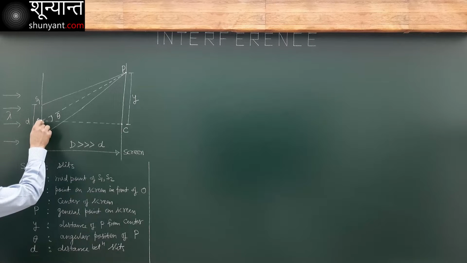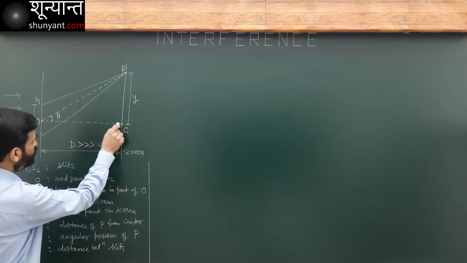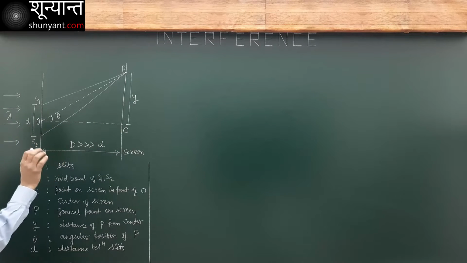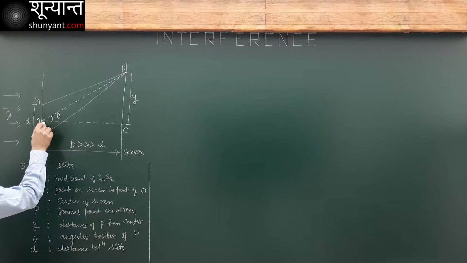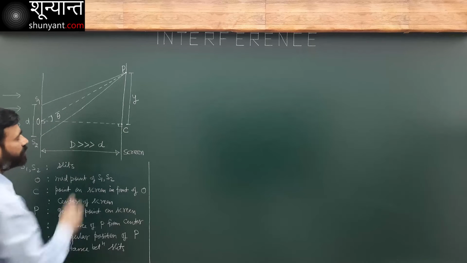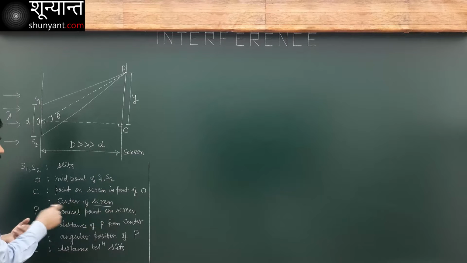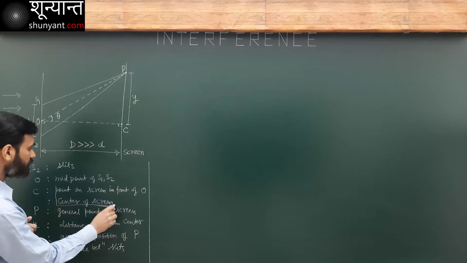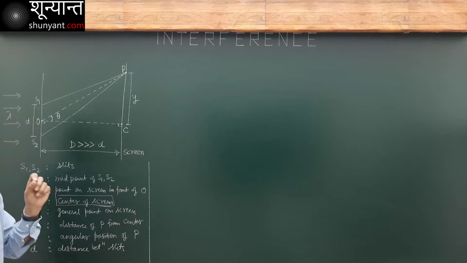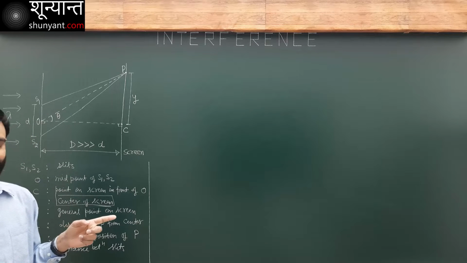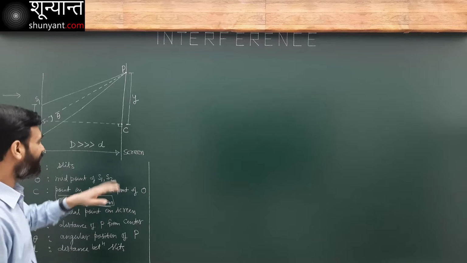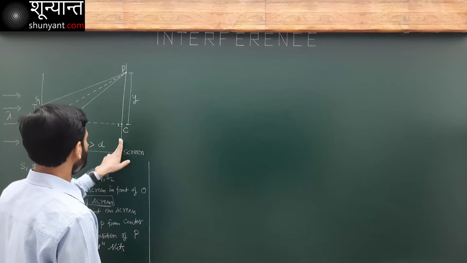Now, a point right in front of this point O here is point C. It's right in front, that means this angle is 90 degrees here and 90 degrees here also. This is known as center of screen. Now, understand this, this is not actually the geometrical center of the screen, as my screen can be only of this length.